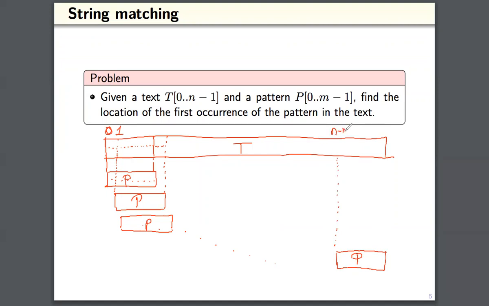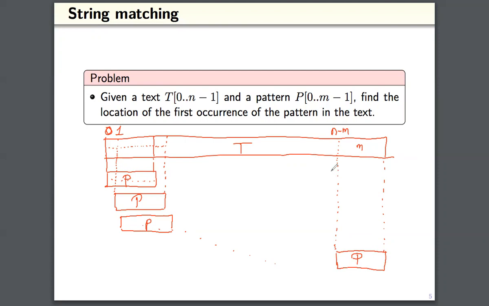So you check if the pattern matches with the last m characters here. This is the worst case. All this has failed. Now this is the last matching criterion you're checking for. If this fails, then you say that the pattern does not exist.